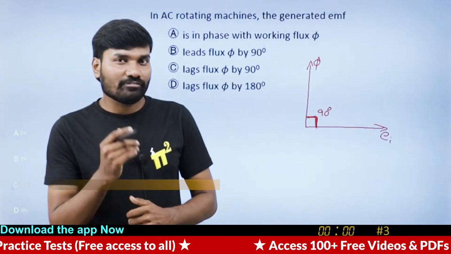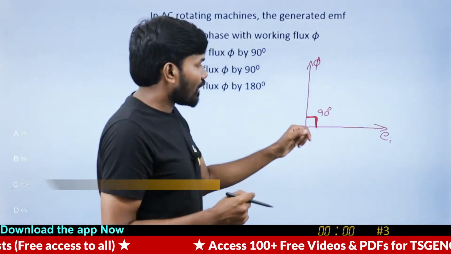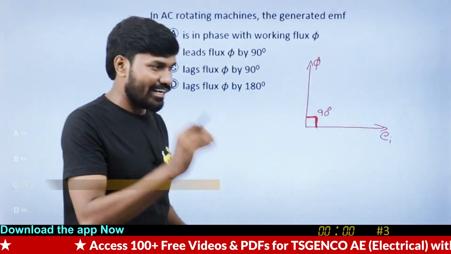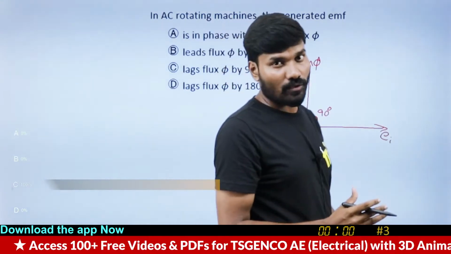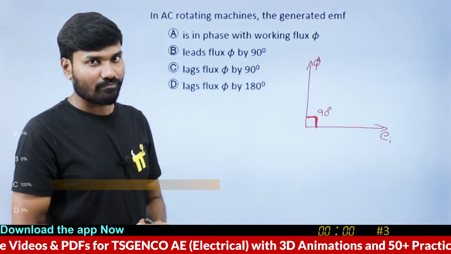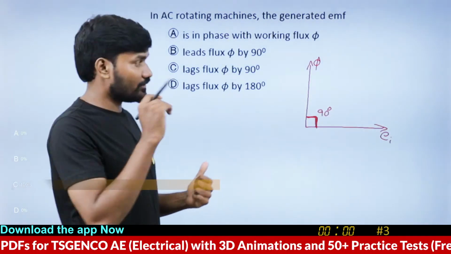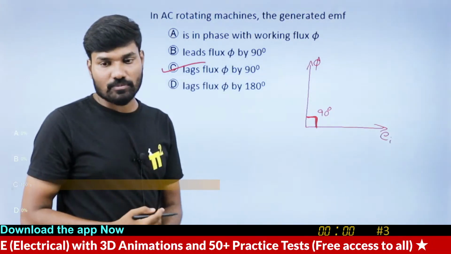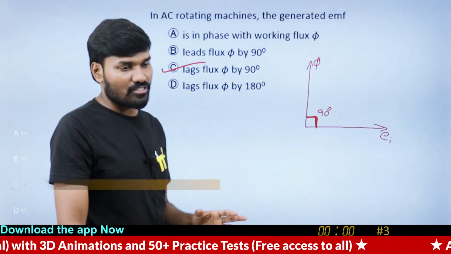If the circuit is a resistor circuit, current also is in phase with this induced EMF. Any induced EMF, if the induced EMF is due to Faraday's law, it has to lag by 90 degrees. Take a note of this key point. We'll see such key points here. I think it's clear. So EMF induced is lagging the flux by 90 degrees. Everyone mastered it.